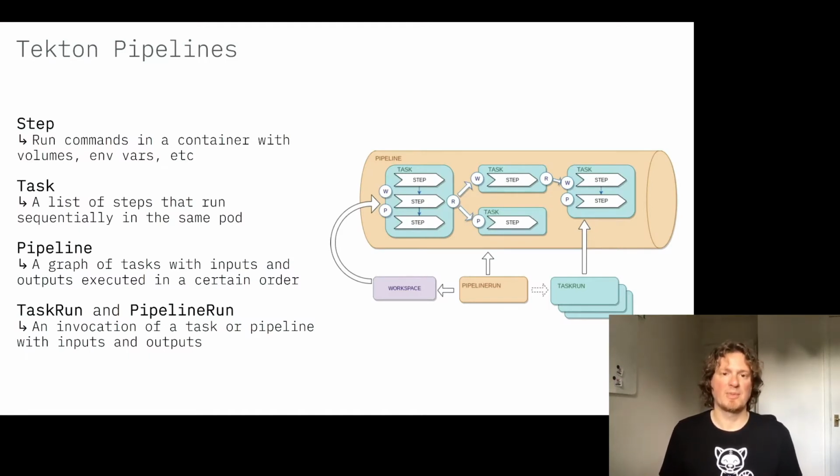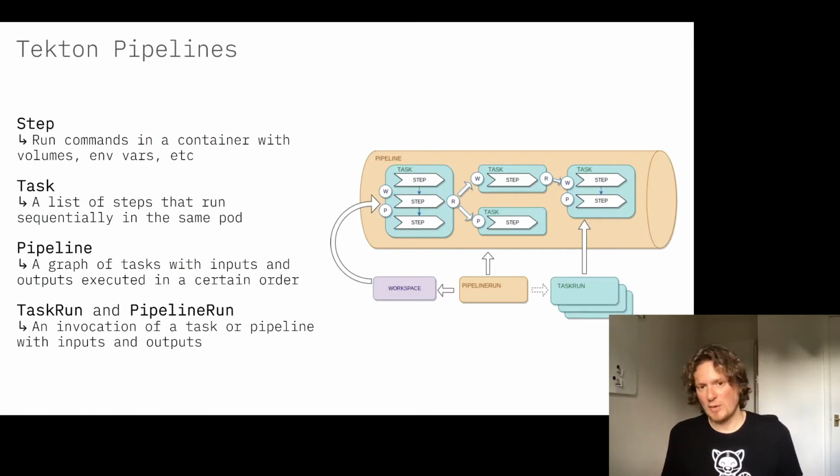If we want to go a bit deeper into Tekton, in terms of pipelines, we define a number of primitives, and the smallest one is a step, which is actually a command executed in a container, which comes with the usual perks from containers like volumes, environment variables, etc. Then the next one, which is an extension of the Kubernetes API, or custom resource definition, CRD, is a task.